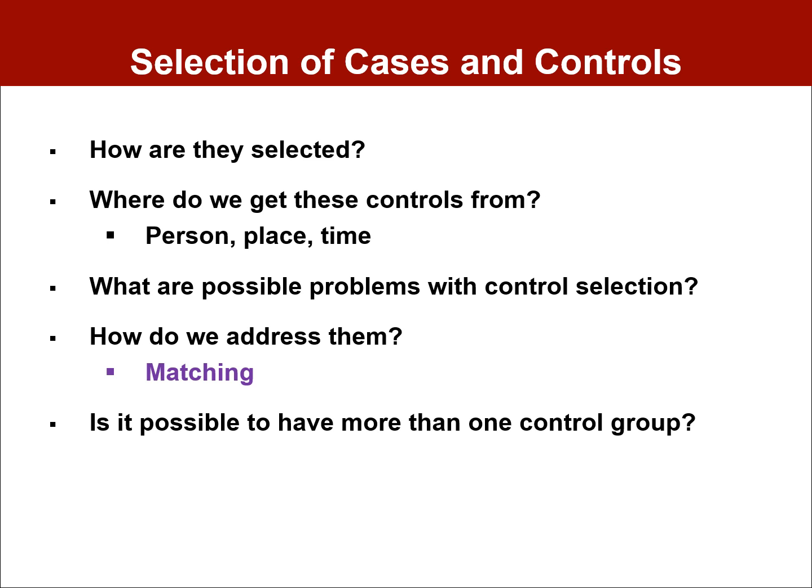Remember we said that the hallmark of case control studies is that you begin with the disease or the outcome, and you go back in time to identify the exposure. In order for you to conduct a case control study, you need to identify your cases and your controls at baseline, right? How are these people selected?